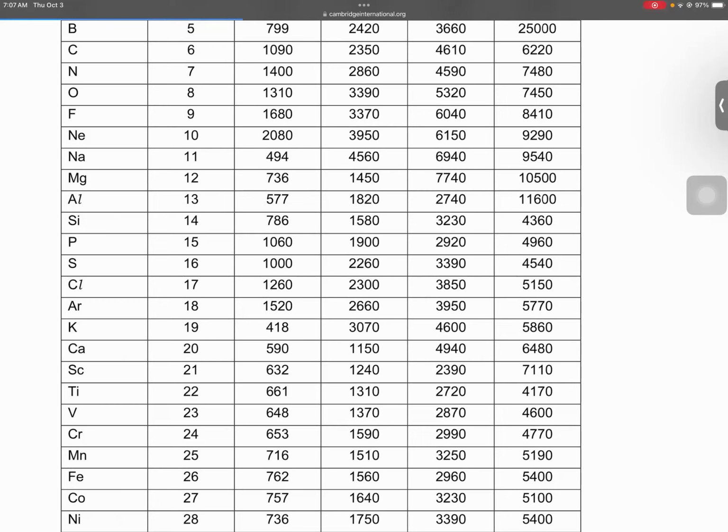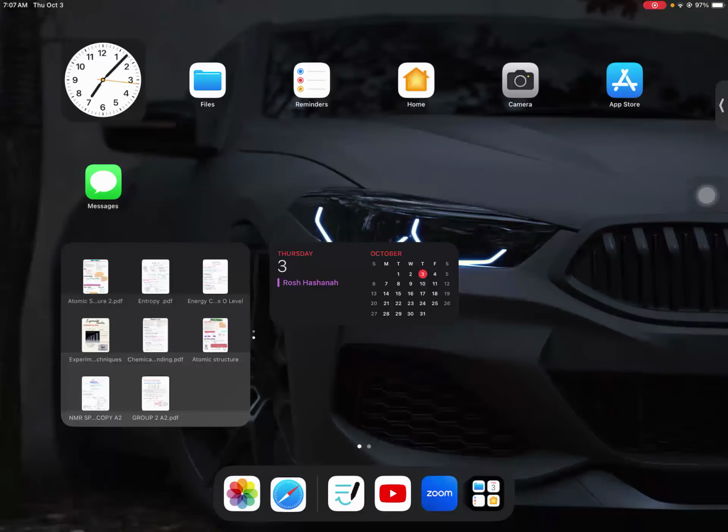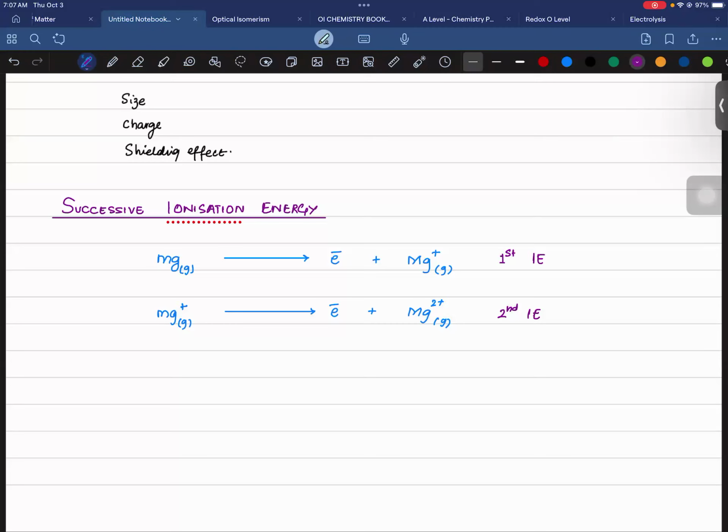As we remove more electrons, it would be more difficult to remove an electron. Same goes with aluminum. First of all, you would be removing one electron from the outer shell of aluminum, forming a positive ion. This would be called first ionization energy.